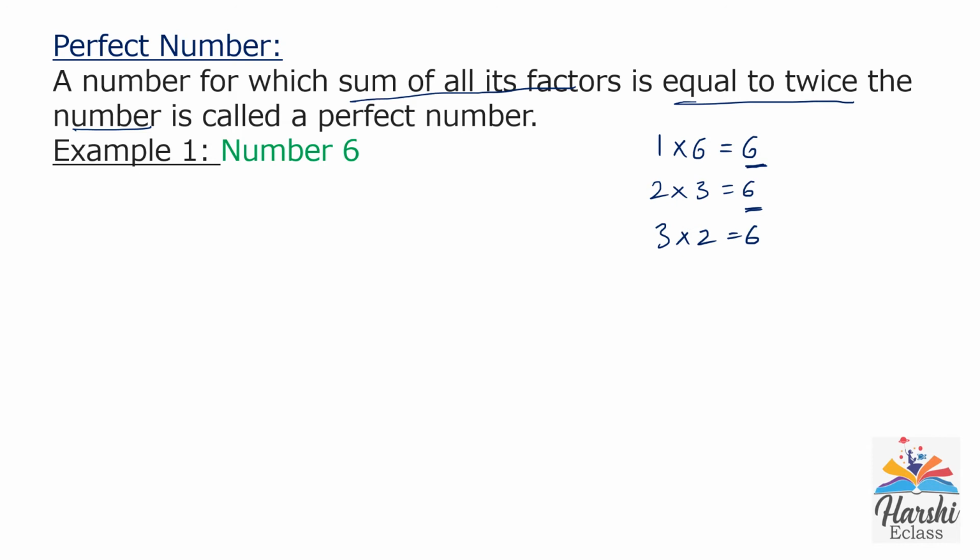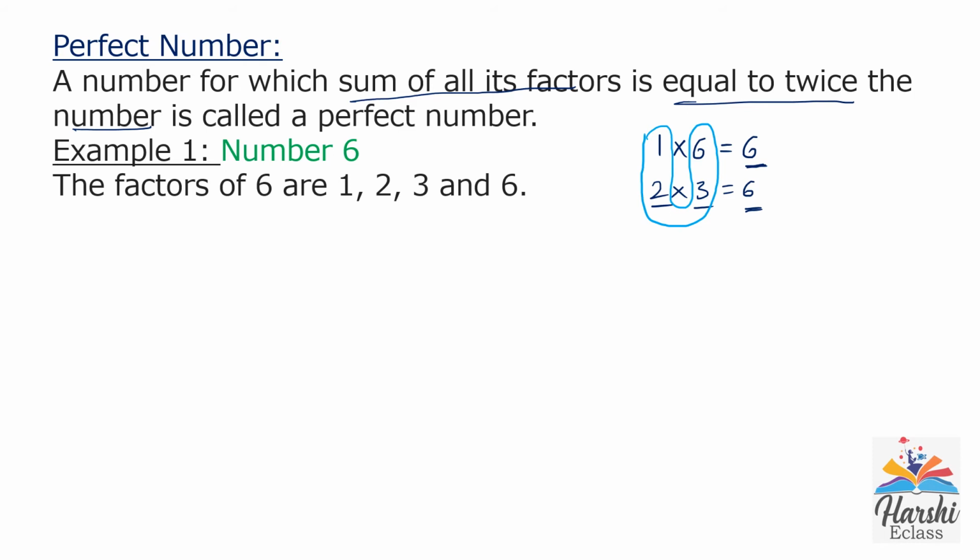That means 3 and 2 are going to be a repetition. So we will stop writing the factors here because 2 and 3 are already there. Now the factors of number 6 are 1, 2, 3, 6.